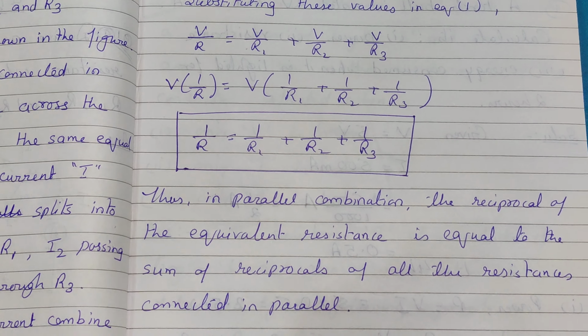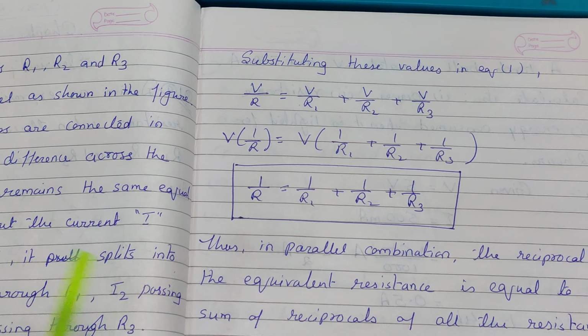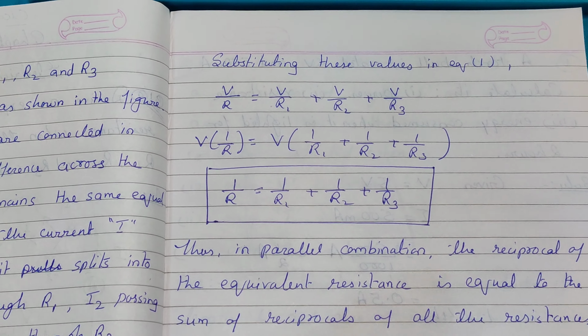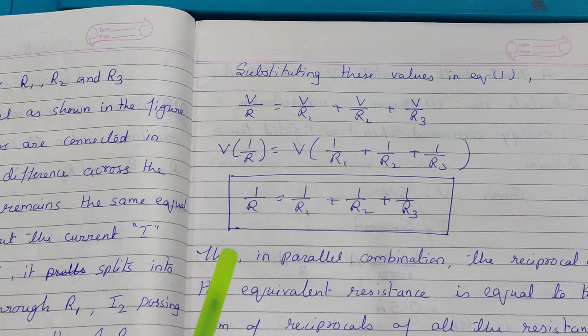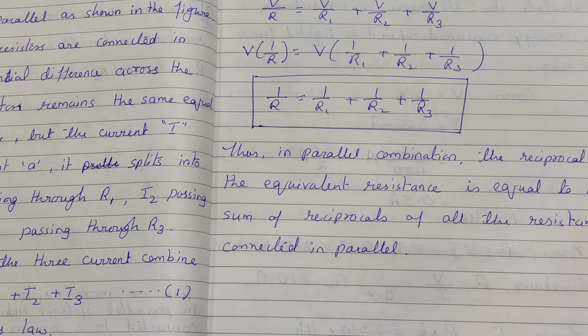That is your parallel combination. You have to write this whole thing when it is asked in your exam. This is one part, and another part will be your numerical. So let us see.